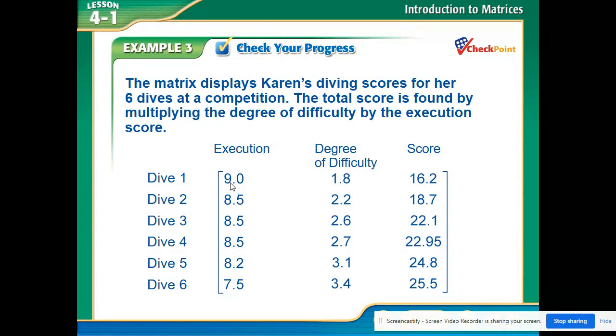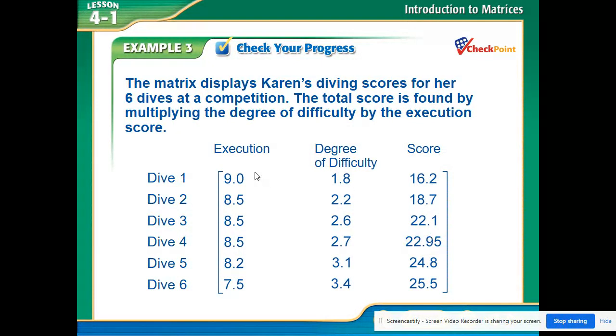These are her execution scores out of 10. The degree of difficulty can range depending upon how difficult the dive is, but normally doesn't go much higher than 3 or 4. So this was a real easy dive, and she did it very well, and that's her score. But doing a harder dive, a little bit worse, actually gives you a better score. So that's how diving works here.